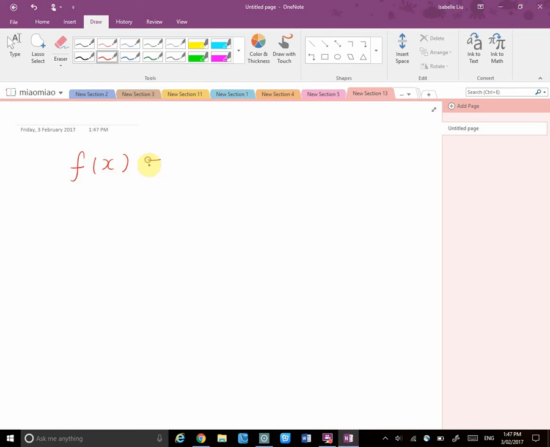f(x) equals 3a plus 2x. I want to substitute x equals negative a. This negative a is substituted for x, not for a.